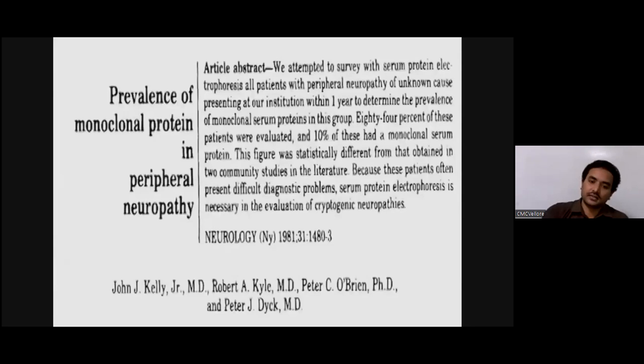That study was done by Kelly and Dick, Peter J. Dick of Mayo Clinic. That 10% was clinically significant, and following studies confirmed that there is something like a paraproteinemia that is responsible for the neuropathies.